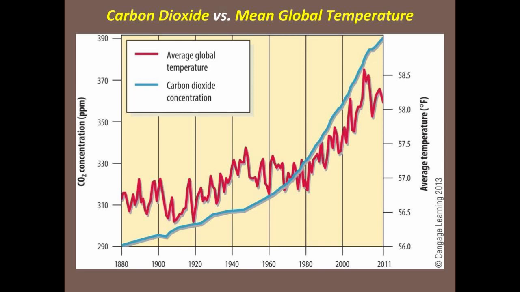As you have more carbon dioxide, you have more average global temperature. The two are synced. And as I said previously, CO2 is not the only gas you need to worry about. There are lots of factors in play for that global temperature, and a lot of those factors are directly attributed to man.